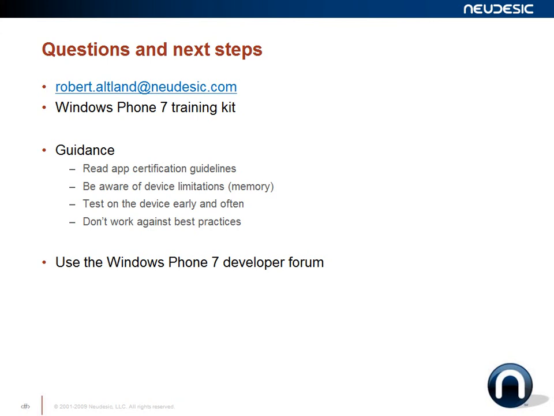Recommendations that I can give you on getting started with Windows Phone 7 is to read the app certification guidelines, because even the best, most efficient, clean application could run into trouble if you're not doing something as simple as asking the user for access to the location services before you go ahead and do it. Be aware of device limitations like memory and processor speed.